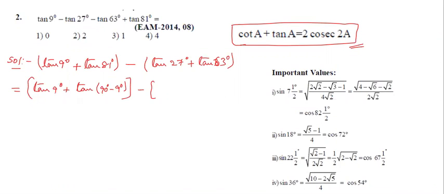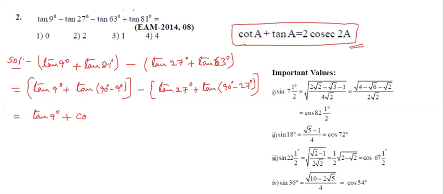Similarly, second term tan 27 plus tan 63. 63 we can write 90 minus 27. Okay. Now this is tan 9 degrees, tan 90 minus 9. 90 minus theta first quadrant.